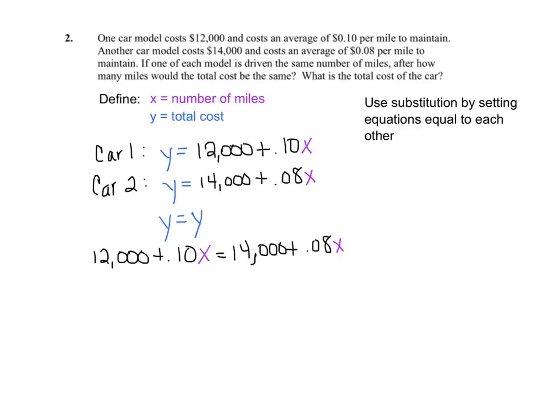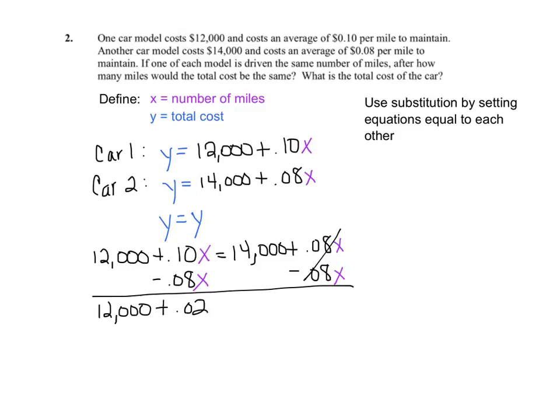Next step is to get rid of the smaller variable. So we're going to subtract 0.08x from each side. These cancel. So we have 12,000 plus 0.02x equals 14,000.